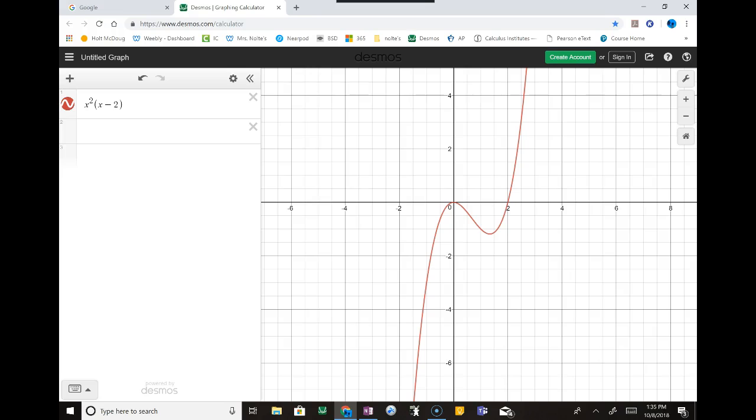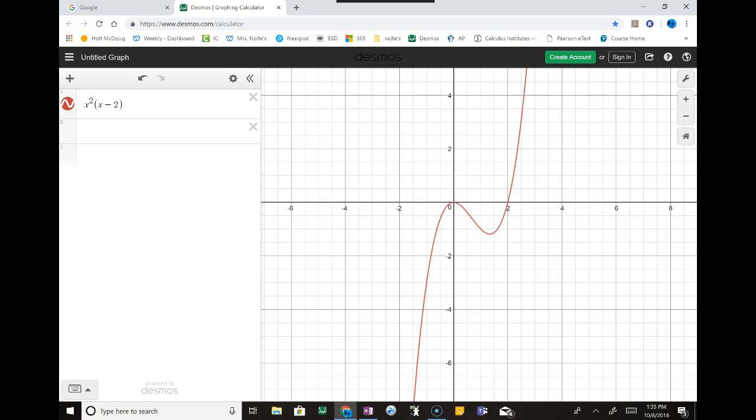But what is happening is this function is wiggling. It goes up, it comes down, and it goes back up. So how many turning points does this function have? 2 turning points. Everybody understand what a turning point is? I don't need to explain that, where it changes from increasing to decreasing. So it's like a max or a min, really, or vice versa.